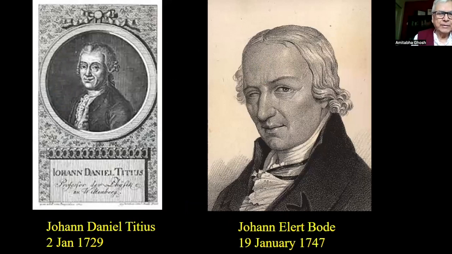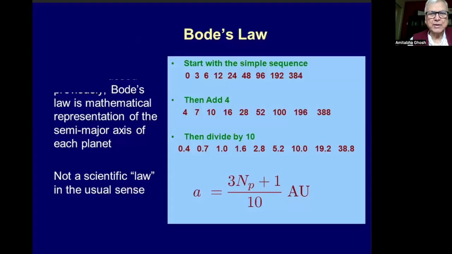And there are two persons, Titius and Bode. They also noticed something very strange for 18th century astronomers. They found that our planets' locations could be decided by a very simple arithmetical formula.